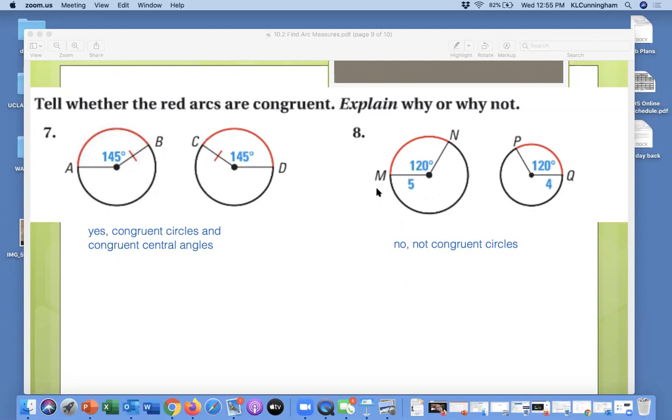So say this is a medium pizza and this is a small pizza. This is going to be a lot more pizza crust here than the small pizza. So it wouldn't be the same. Now, if you just order 2 large pizzas and you cut out the exact same degree measurement in both pizzas, yeah, they'd be exactly the same.